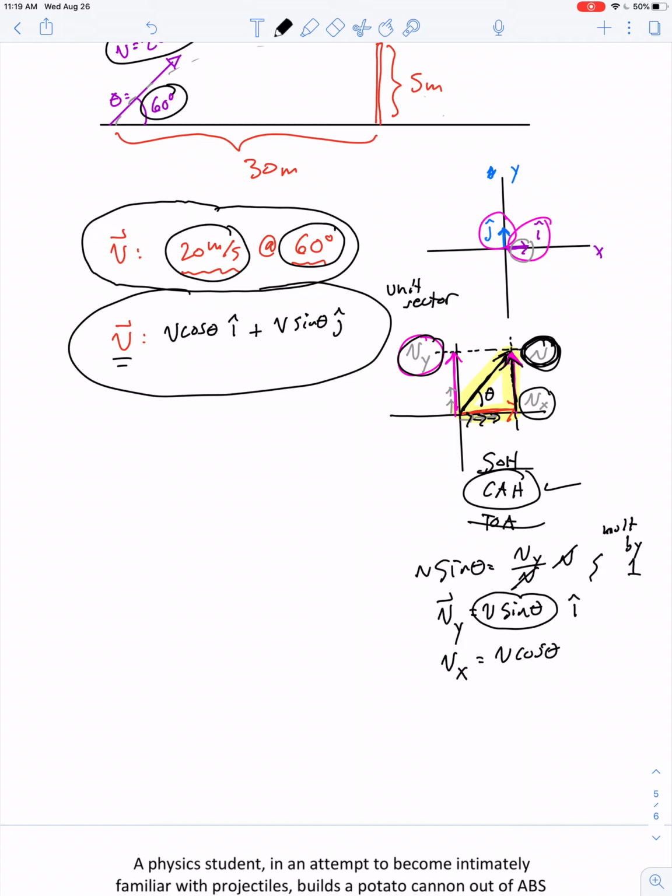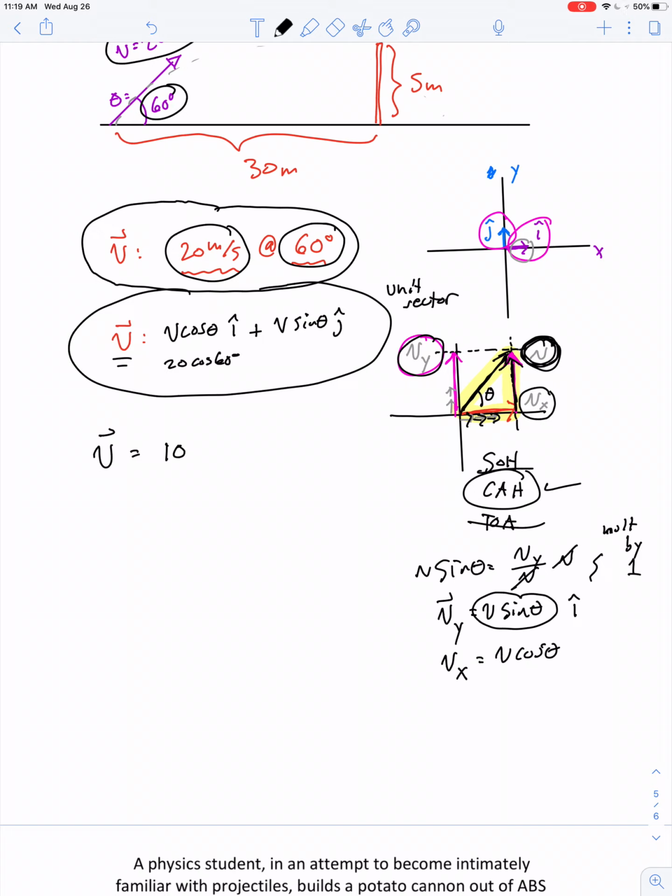And in this case, hey, grab a calculator and see what you get. Specific to this problem, we could say the velocity is, well, let's just multiply it out. What is 20 times the cosine of 60 degrees? Oh, well, wait, 60 degrees is a special angle, right? Cosine of 60 is 1/2.